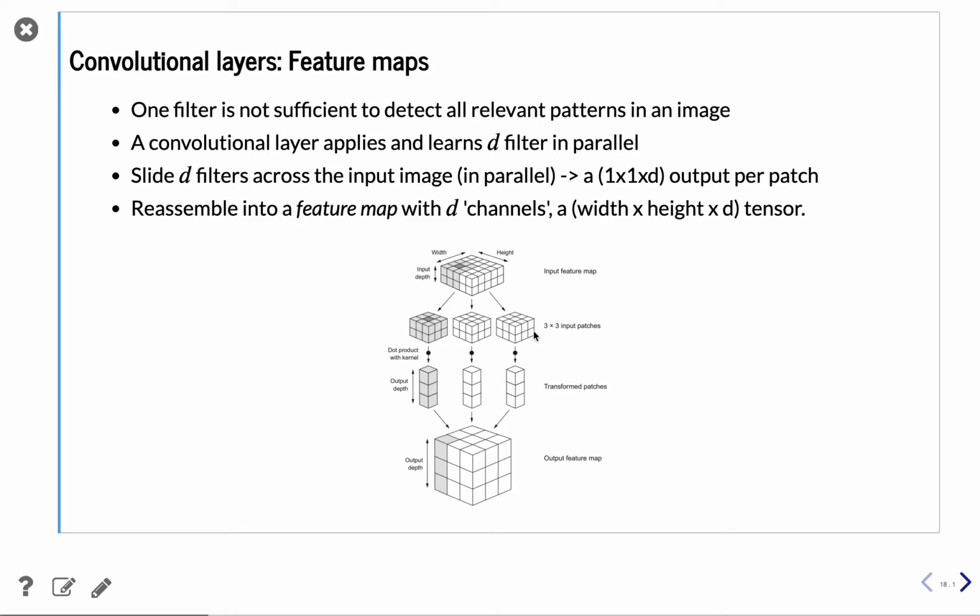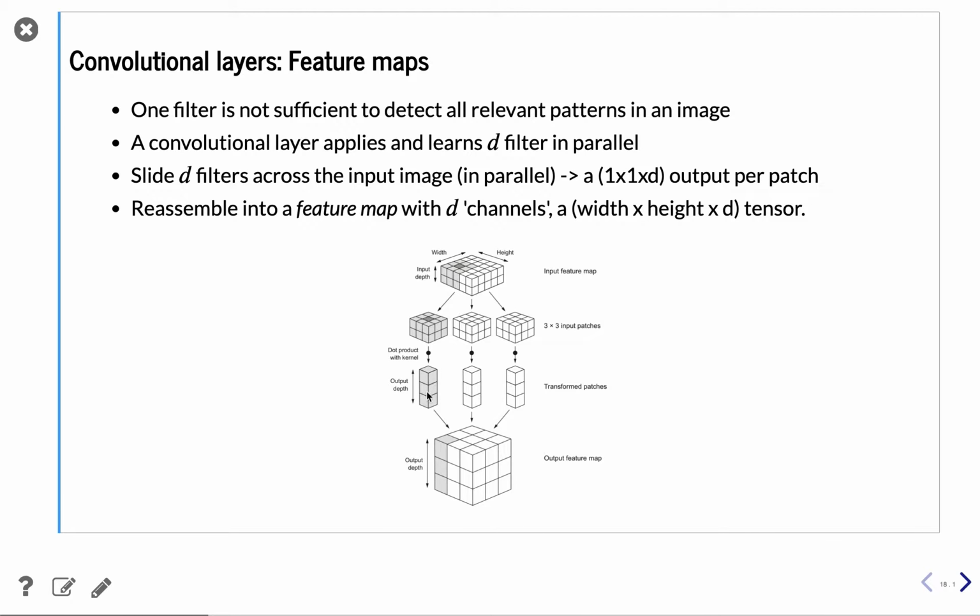So we get multiple of these, actually 9 in this case. And we multiply each patch with the kernel. In this case, we have 3 kernels. So every single kernel gives us 1 output. We take 3 kernels here, so we have 3 output values.